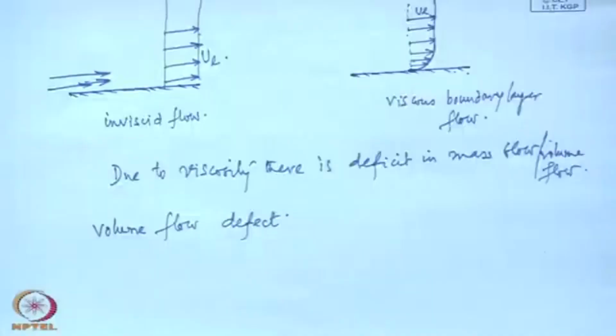So, in the inviscid flow, how much volume would have flown through that length delta? Unit width you can consider, of course. So, the area would have been delta into 1.